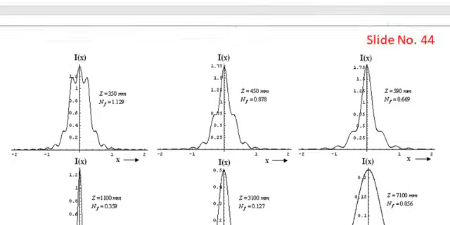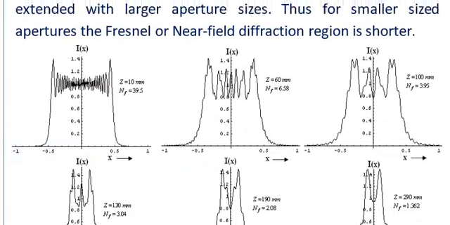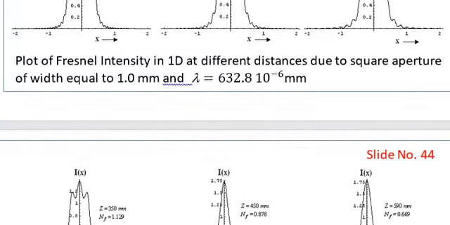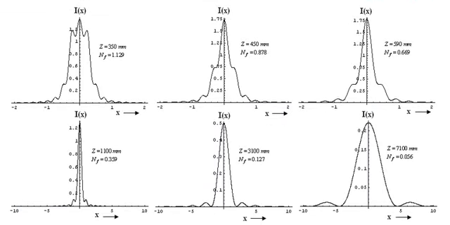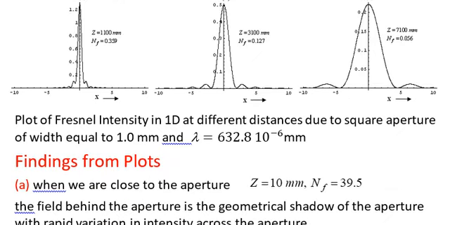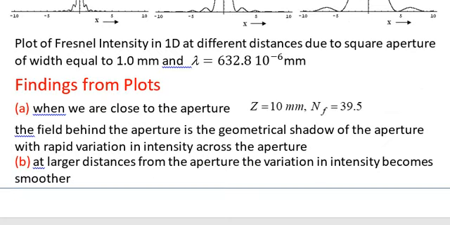So from all these plots we notice that the width of these signals is increasing, and at the same time the height of the peaks is decreasing, because the total area under these curves has to be constant. So the smoothness will improve as we move away from the diffracting aperture, as indicated here. These are the findings that we have obtained from the analysis of the above plots.